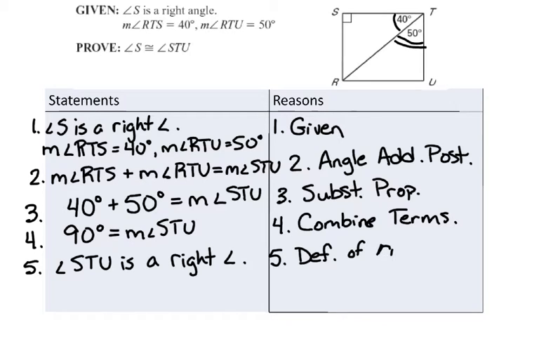Now, step 6 here, we can say angle S is congruent to angle STU because of the right angle congruence theorem, which states all right angles are congruent.